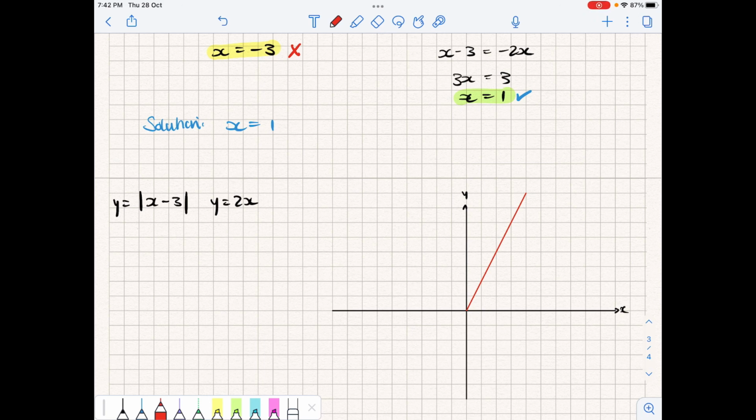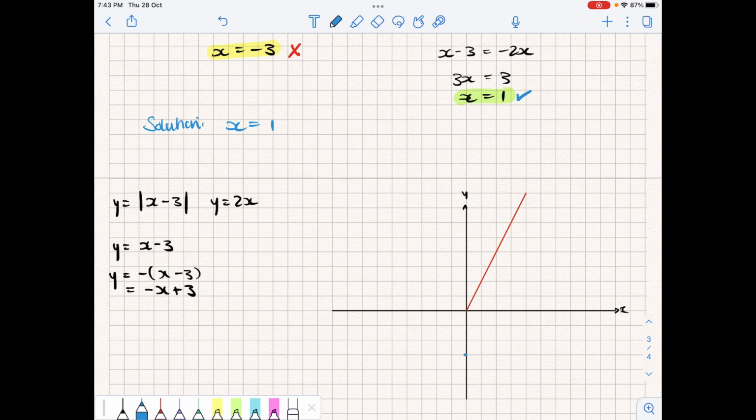Right, now let's consider the function y equal to the modulus of x minus 3. This could either be y equal to x minus 3, and we could draw the straight line y equal to x minus 3 and then reflect it. Alternatively, we could consider the negative version, which is minus x minus 3, which is just minus x plus 3. And so let's sketch those two functions. So we have y equal to x minus 3. So we have a y-intercept of negative 3.